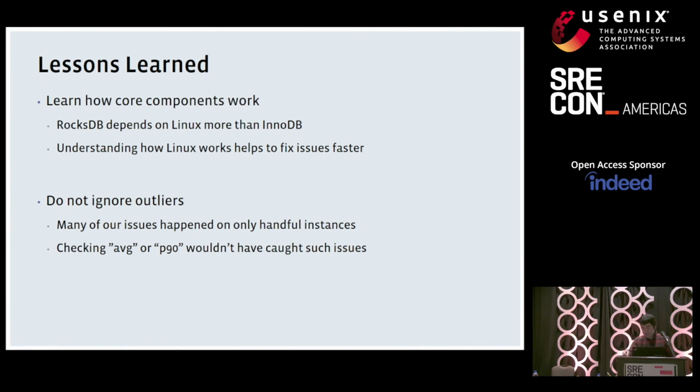Then the bugs might be left behind for a couple of months, and after that, more serious issues might happen. So do not ignore outliers, check them, and take actions as quickly as possible.